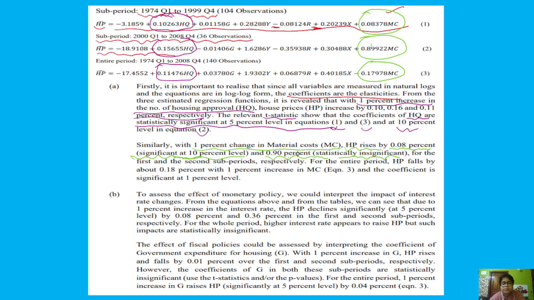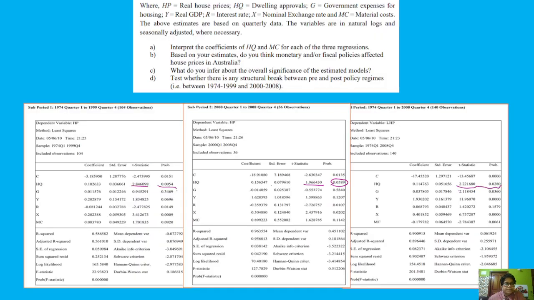Sorry, third period, it is statistically insignificant, but first and second sub period. Okay, for the entire period, HP falls by 0.18% with 1% increase in NC. So this one, it falls. Okay, and the coefficient is significant at 1% level. Let's see what does that mean.